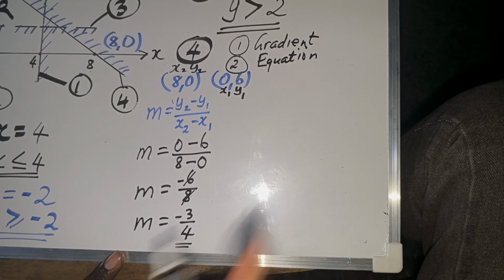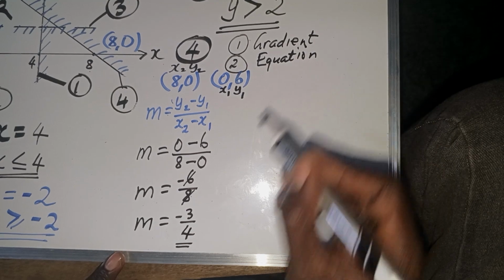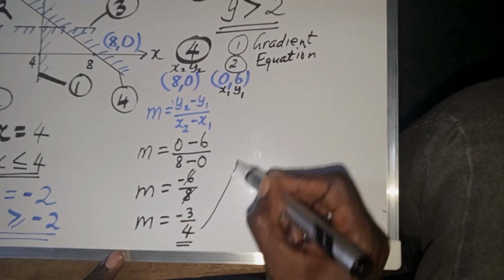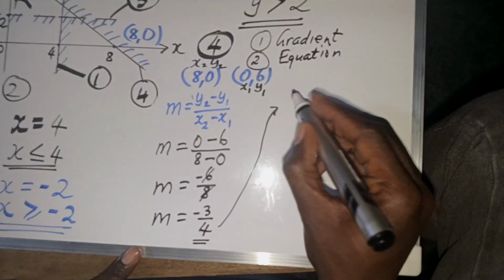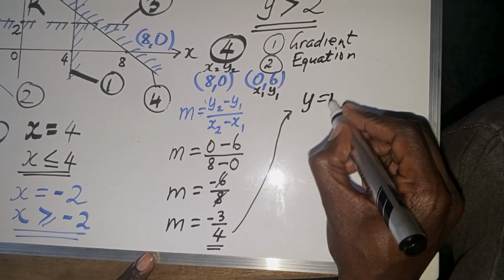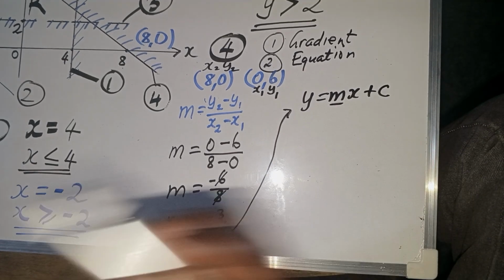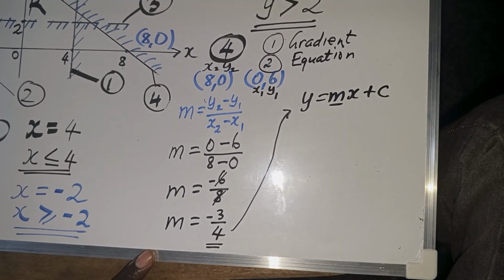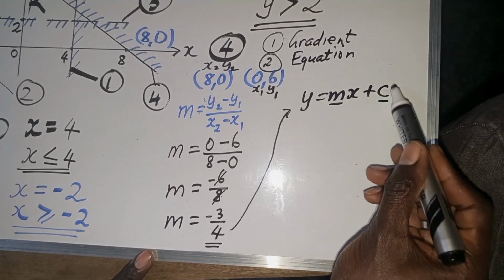Now, like I mentioned, the next step after finding the gradient is to find the equation. If you still remember the equation of a straight line, we did say it is y is equal to mx plus c. Remember, what does the m represent? It represents your gradient. Then what does the c represent? It represents the y-intercept.